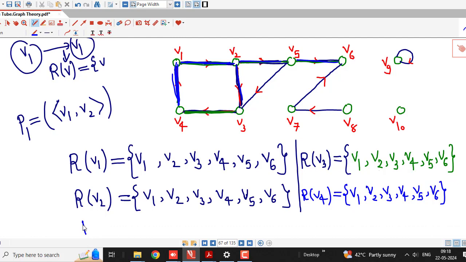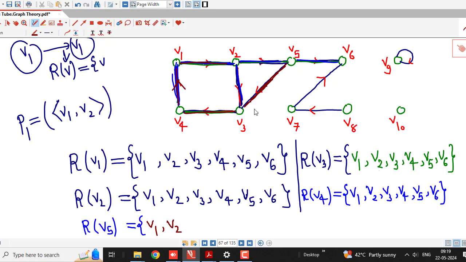Now we write the reachable set of vertex v5. For v5 we first check whether there is a path from v5 to v1. Then we obtain this path v5 to v3, then v3 to v4 and v4 to v1. That means v1 is reachable from v5. Similarly, if we extend this path, then we obtain a path from v5 to v2.